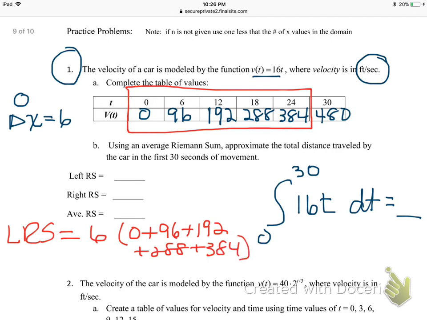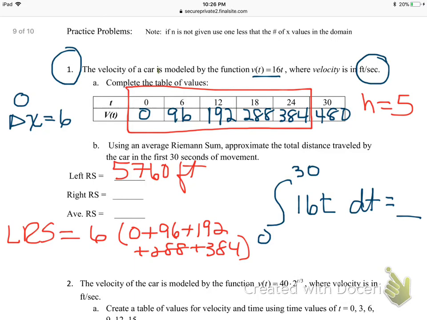So that's giving us 1, 2, 3, 4, 5 rectangles. By the way, n will equal 5 in this situation. Doing that math for the left Riemann sum, you should get 5760 feet.